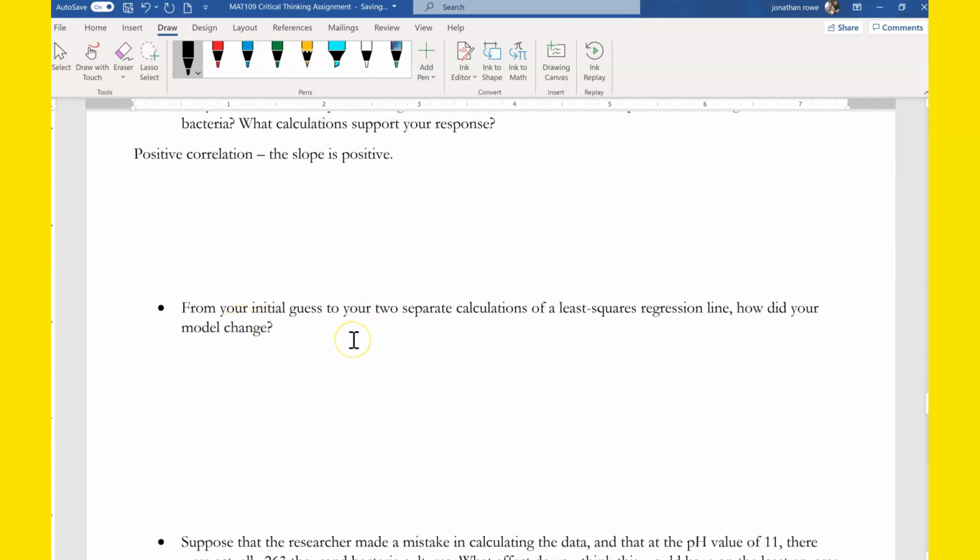From your initial guess to your two separate calculations of least squares regression line, how did your model change?